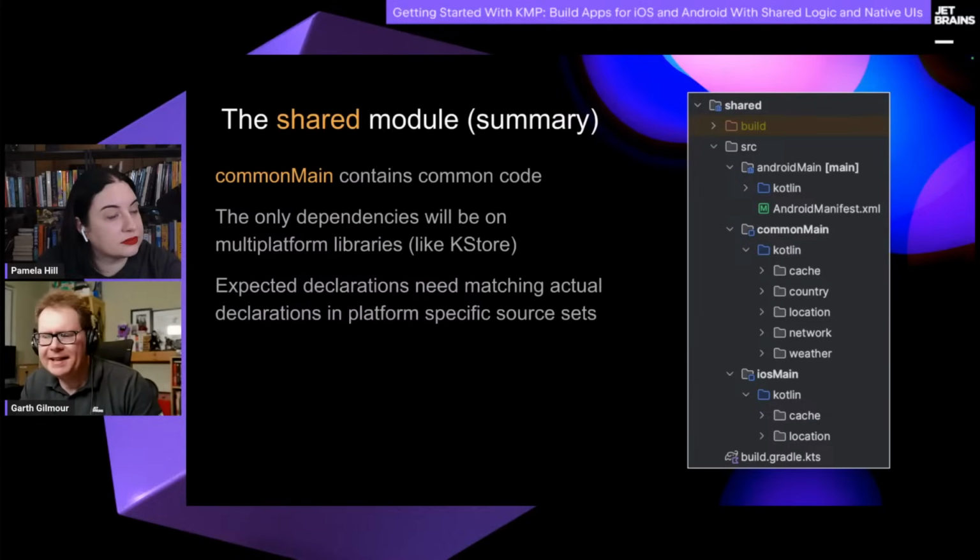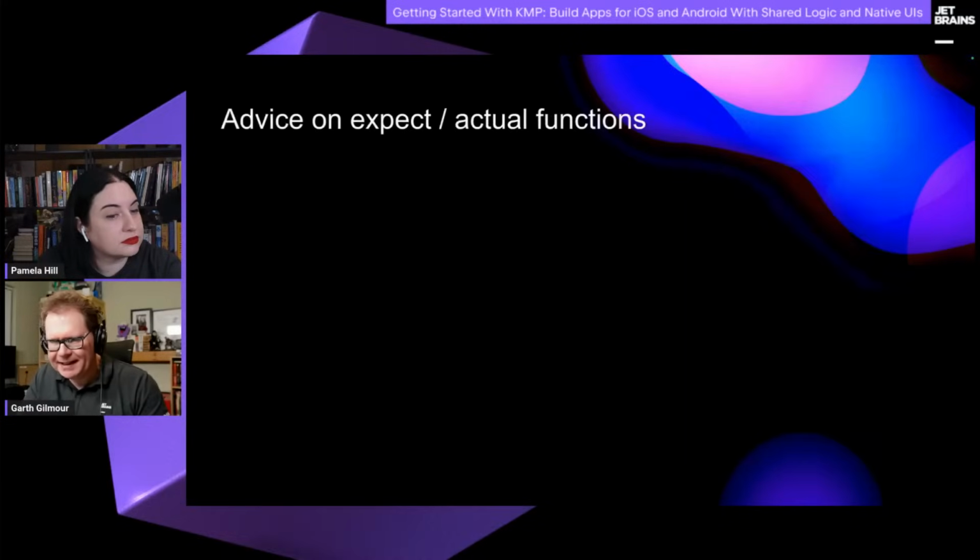And then in commonMain, we're also going to have expected declarations, and for each expected declaration, we're going to have a matching actual declaration in each of the platform-specific source sets. So I hope that clarifies what's going on in that shared module. Just before we move on to the other parts of the project structure, a little bit of advice on using expect and actual functions.